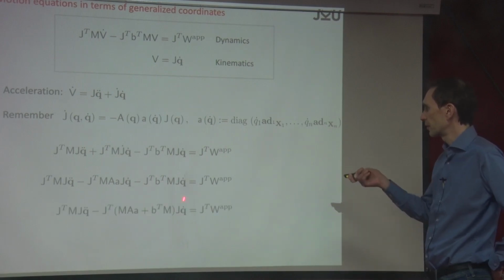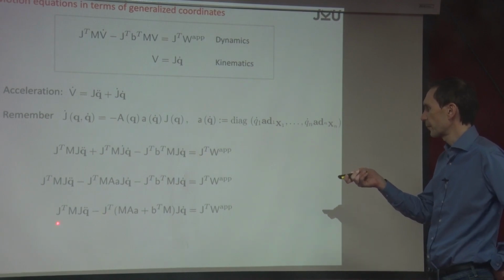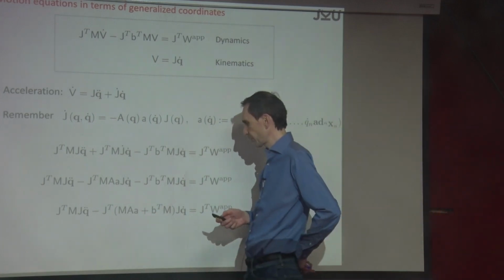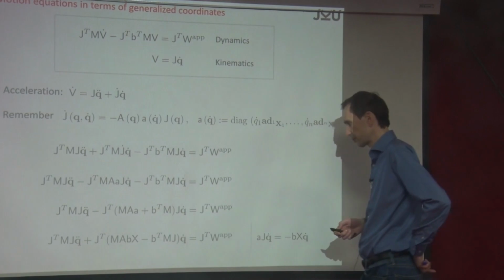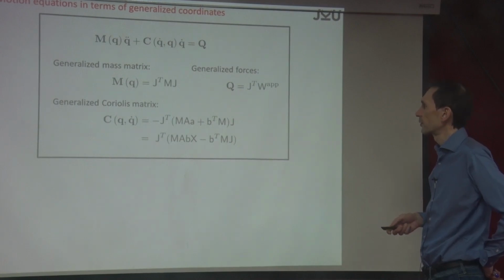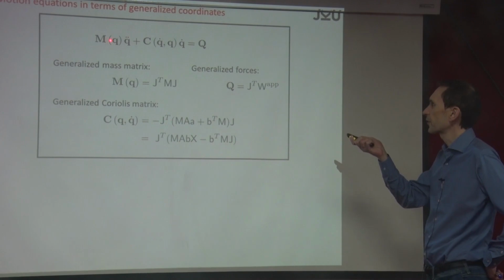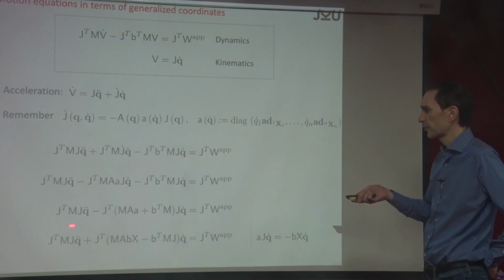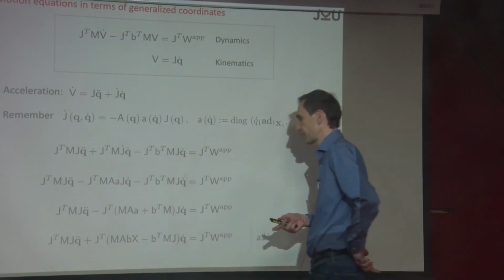Of course, you can factor out the Q dot, and in the end, what you get is this matrix, and this matrix times Q dot. And this is almost the end, because, what is this? Maybe go back. This of course appears as what we call a generalized mass matrix.